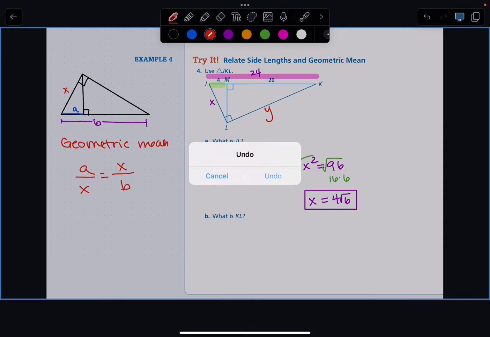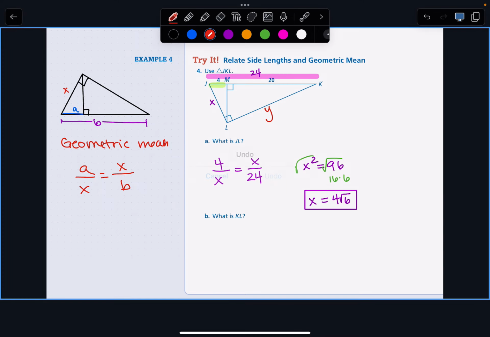If I'm solving for Y, which numbers are important? Yes. Y is the geometric mean between 20 and 24 because we grab the big side, the little piece, and the big.